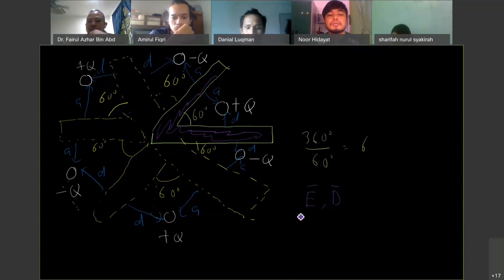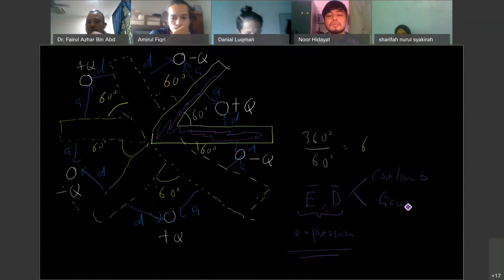Basically what we are doing is deriving these expressions. We have two techniques: Coulomb's law and Gauss's law. These two techniques can be applied to derive this expression.